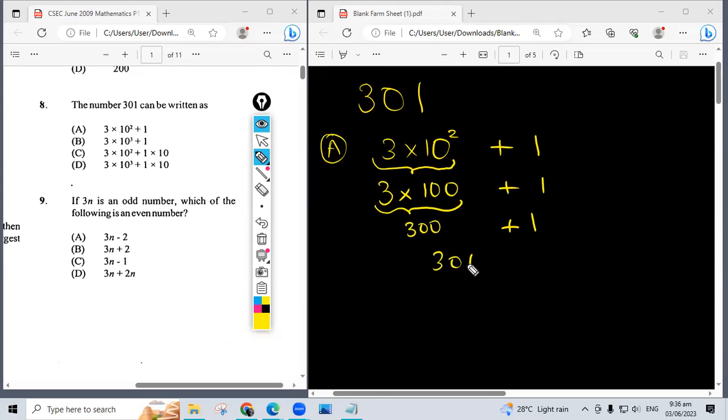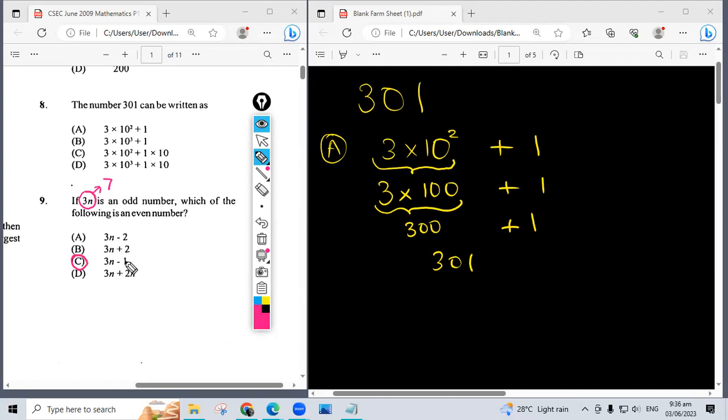301. Simple stuff. The next question, all you have to do is pretend 3n, the entire value, 3n is an odd number. Choose any odd number in the world. Let 3n be 7. Which one of these, if you replace the 3n with 7, would you get an even number? Won't C be the answer?